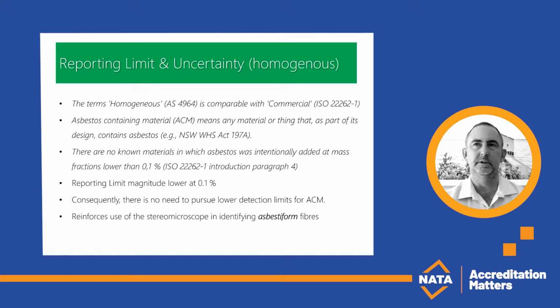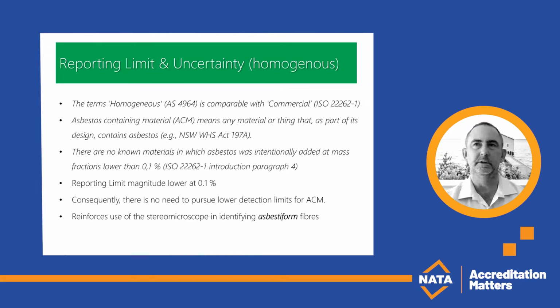If the amount of asbestos present is below the reporting limit, then the material cannot be classified as asbestos-containing material. This is because ACM, by definition, is a material that by its design incorporates asbestos into the commercial product. And there is no known material that contains less than 0.1% that meets the definition of ACM.